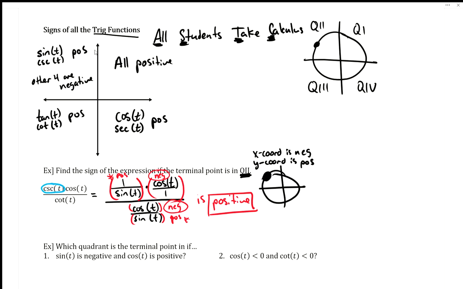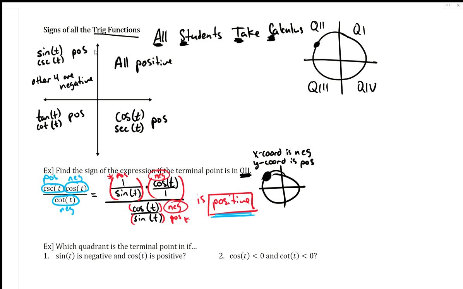So we could say this one for sure is positive. All the others are negative. So that means positive cosine would be negative, and then cotangent would be negative in quadrant 2. And it's the same breakdown, one positive and two negatives, multiply and divide, and still give us a positive value.